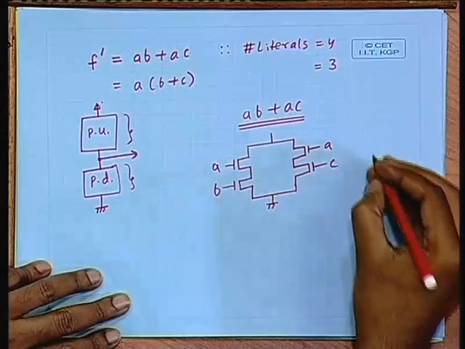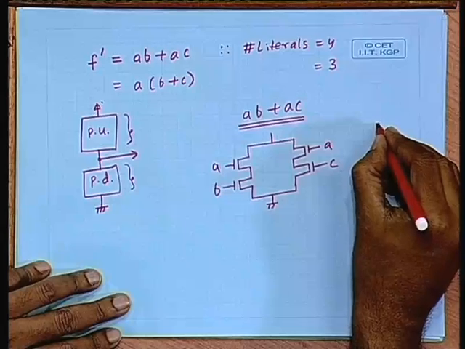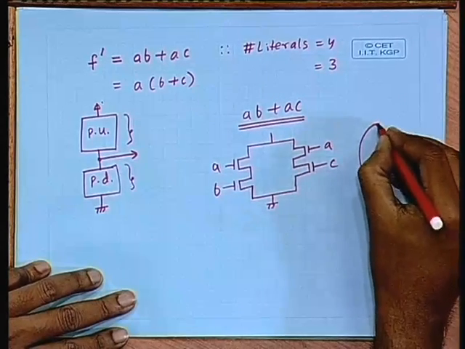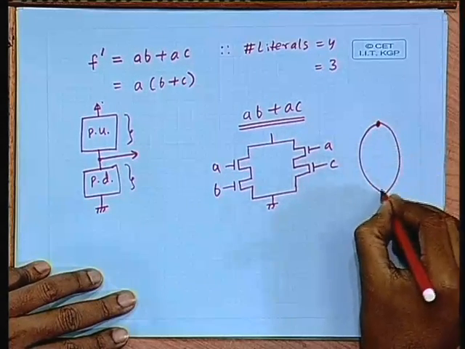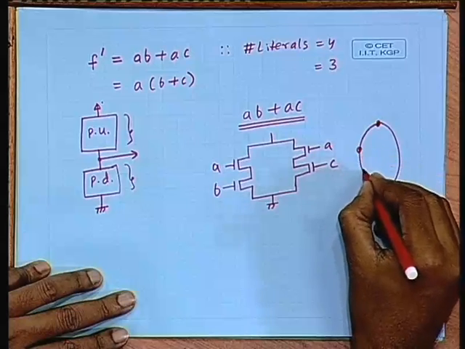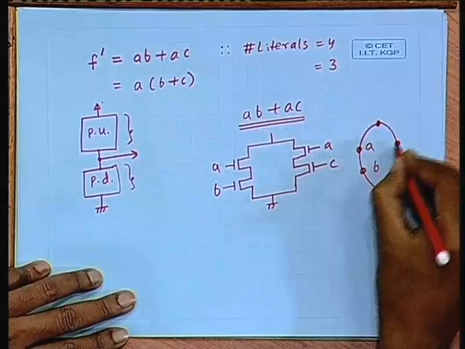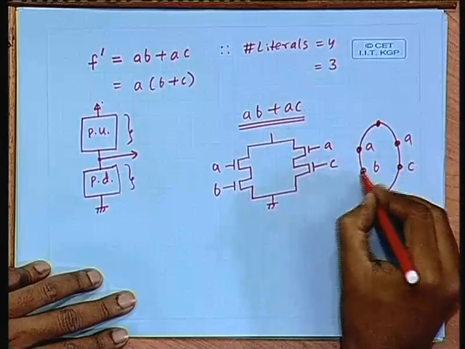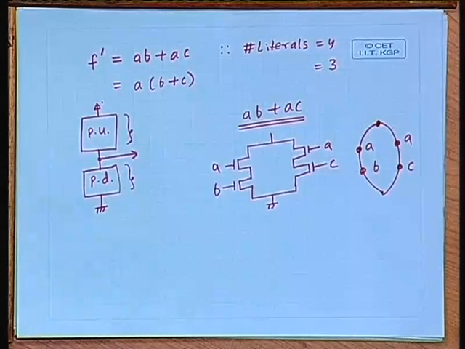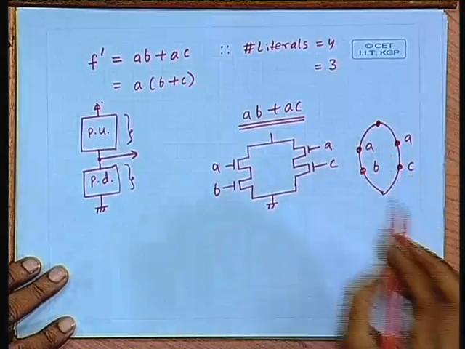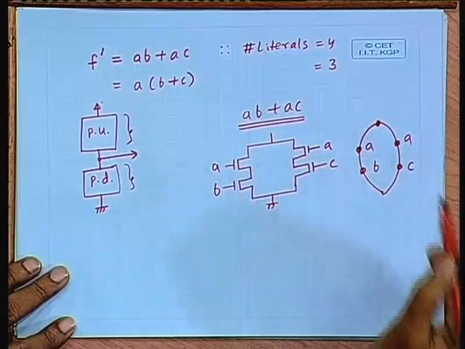This sometimes we draw pictorially like this, just for convenience, instead of drawing the transistors. A, B, A, C. These dots represent transistors. So, instead of drawing this, we will be drawing it like this.